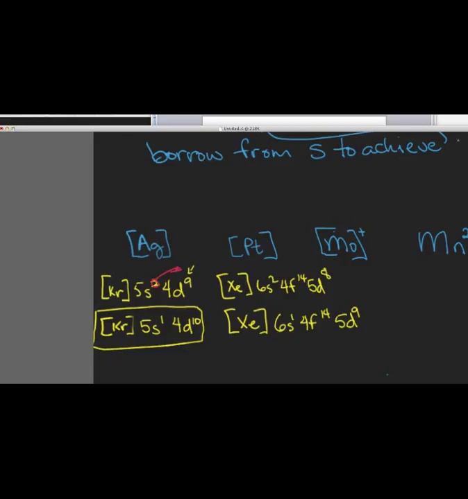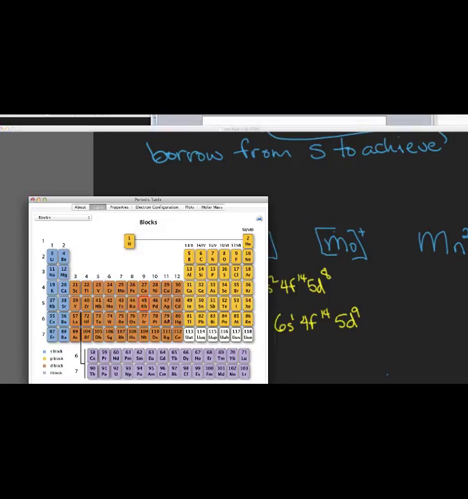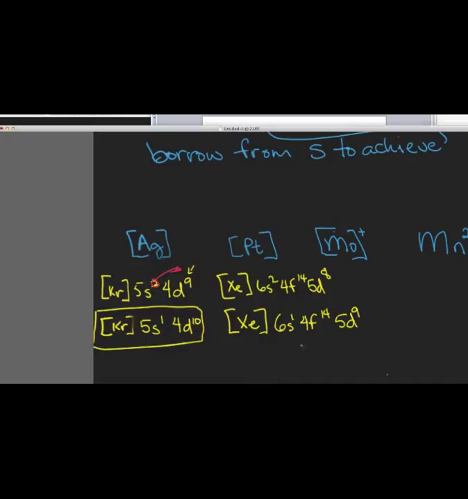So if we look here at the periodic table, the reason it does that is if it borrowed both the electrons, the electron configuration would be what? 4f14 5d10 with the xenon in front.